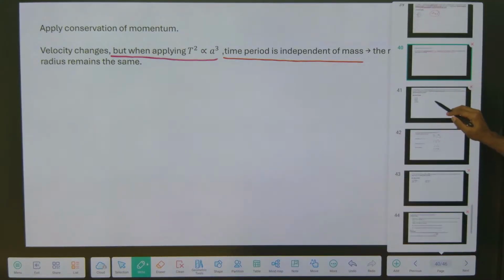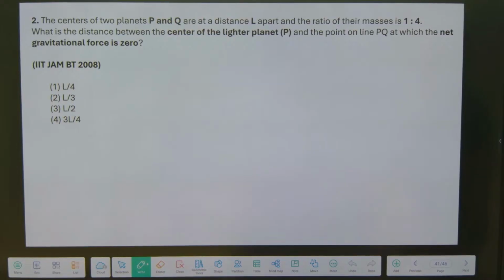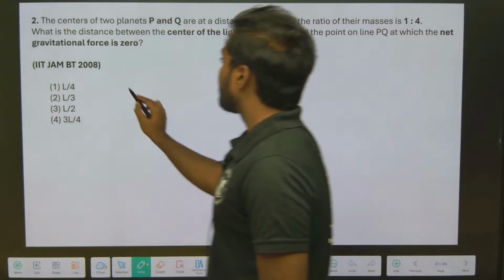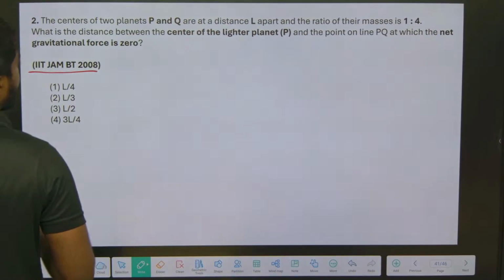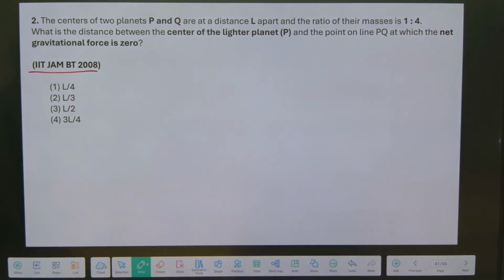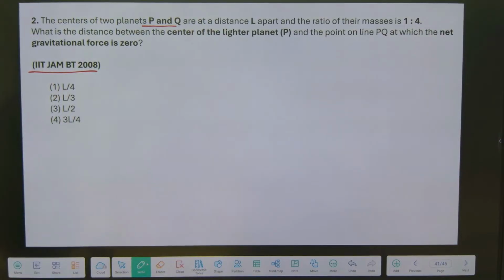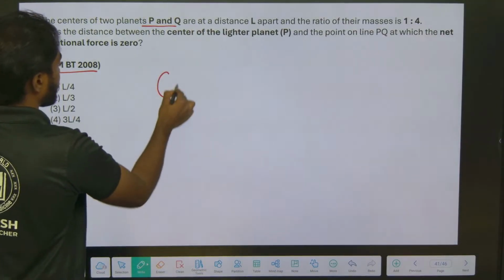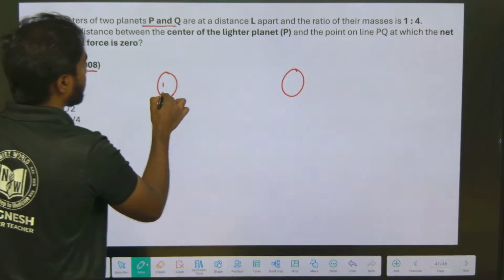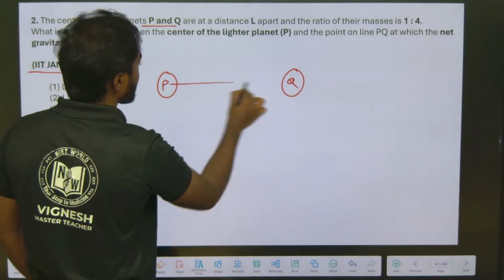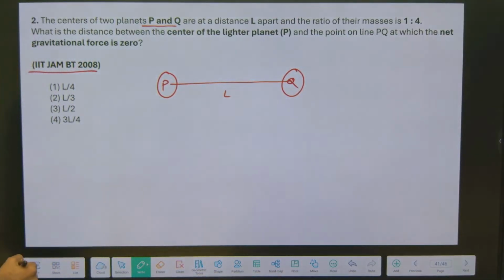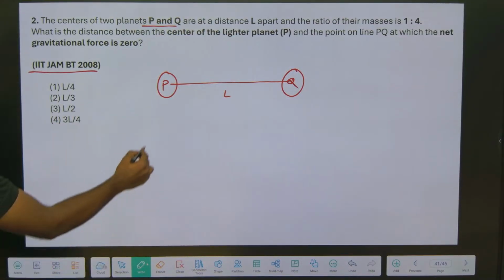So, the next question, it is an IIT JAM BT 2008 question. The centers of two planets P and Q are at a distance L apart, and the ratio of their masses is 1:4.